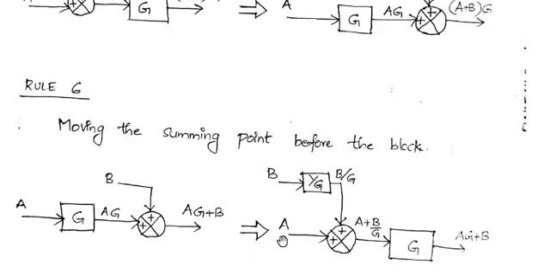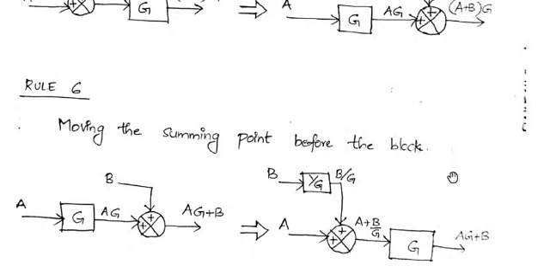And if we provide B as such to the summing point, then the summing point will produce A plus B, right? So that A plus B will move through this G and will produce A plus B into G.